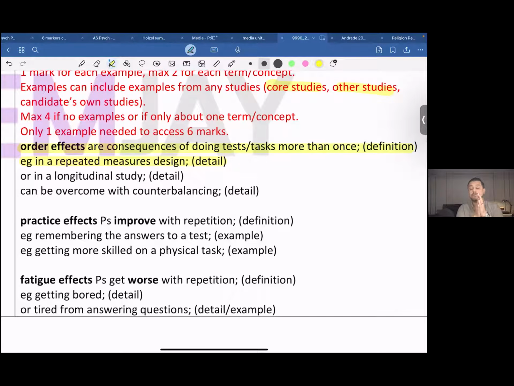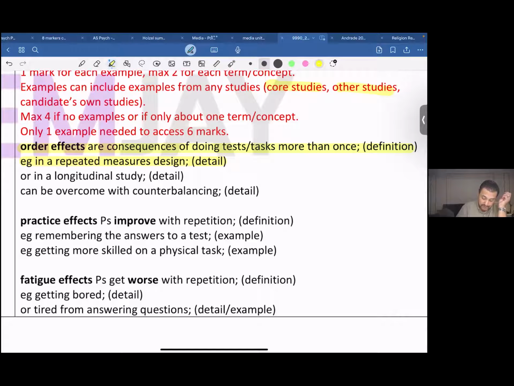If you remember what a repeated measures design is, it is when you use the same group of individuals over and over again, when you make the same participants go through different levels of the IV, or different experimental conditions. The experimental design being used over here is referred to as a repeated measures design.